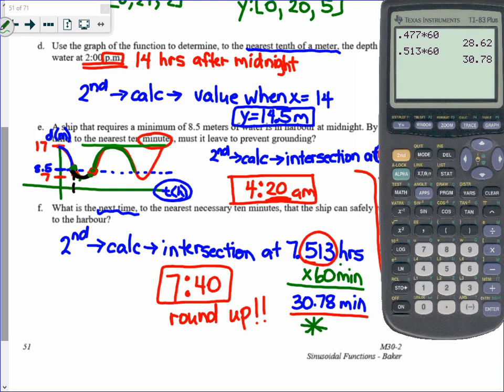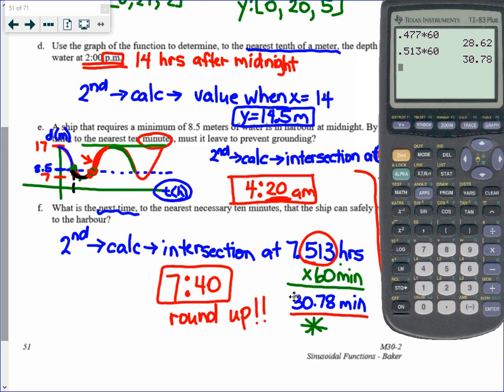At 7:30.78, we're here, right? And so that's why it's only safe for the ship here in this part above 8.5 meters in water depth, right? And so 7:30 is here. This is 7:30 and a little bit more, 0.78 of a minute more. So we're going to have to round up. The ship can safely come back at 7:40.